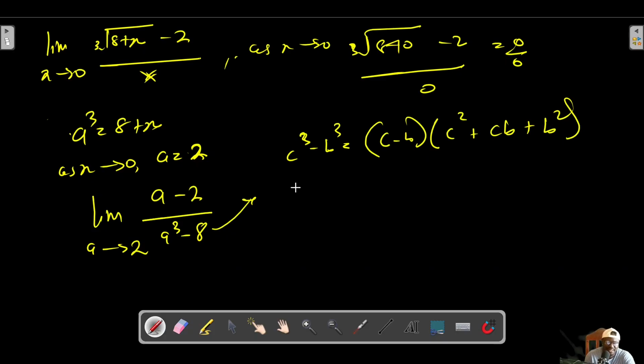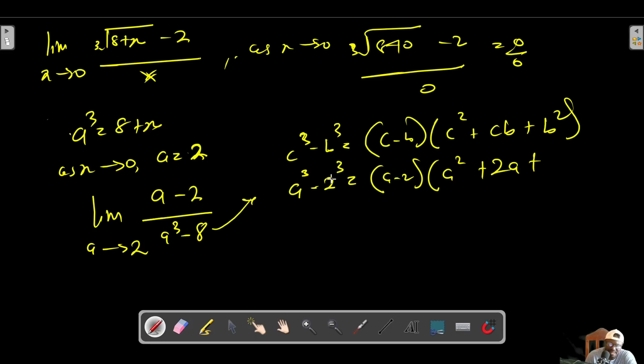Remember this. So a cube minus 8 can be written as a cube minus 2 cube, which is equal to a minus 2 times a squared plus a times 2, which is 2a, plus b squared. Our b is 2, which is 2 squared, which gives us 4.